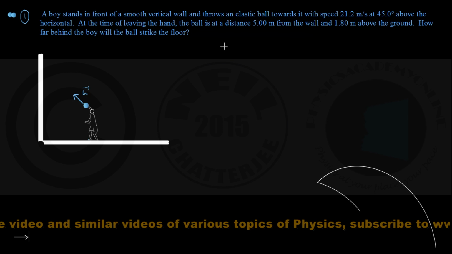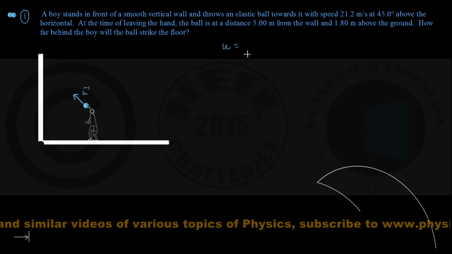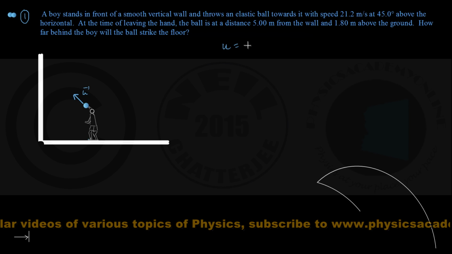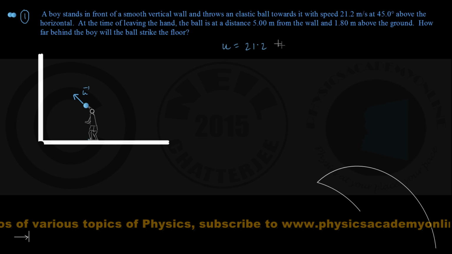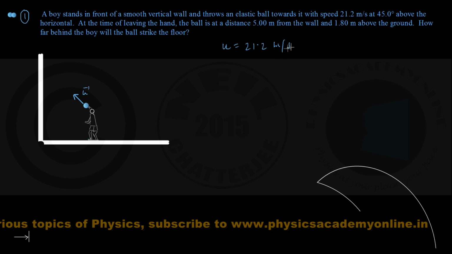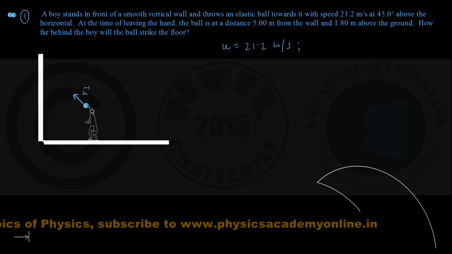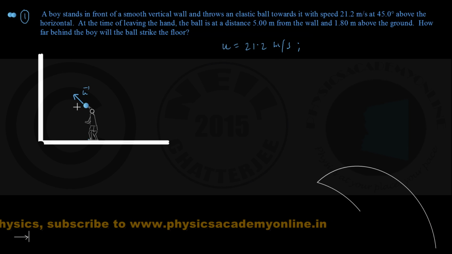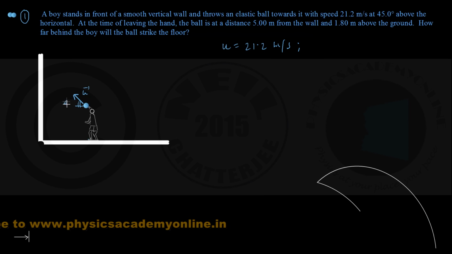We have been given in the problem that the magnitude of initial velocity is 21.2 meters per second. Further, the angle made by this velocity vector u with the horizontal is 45 degrees.